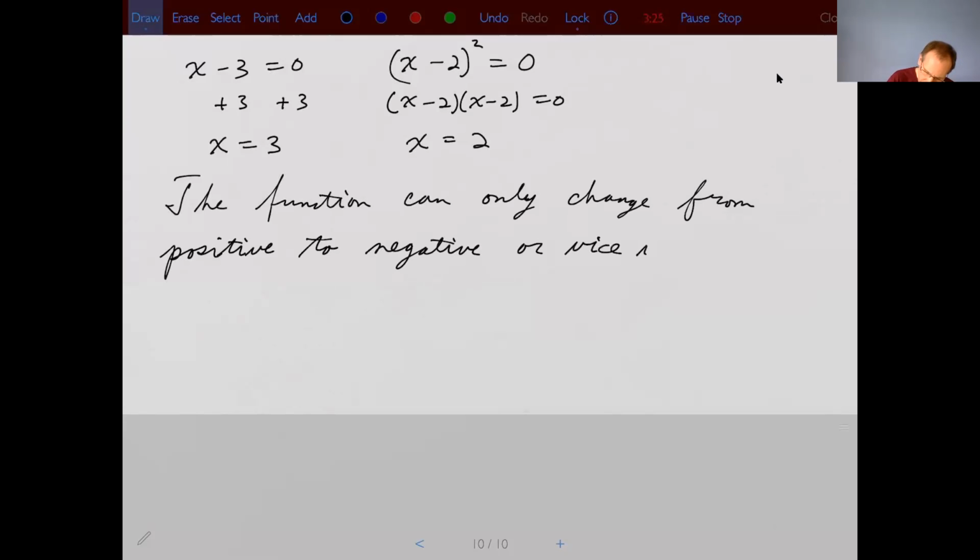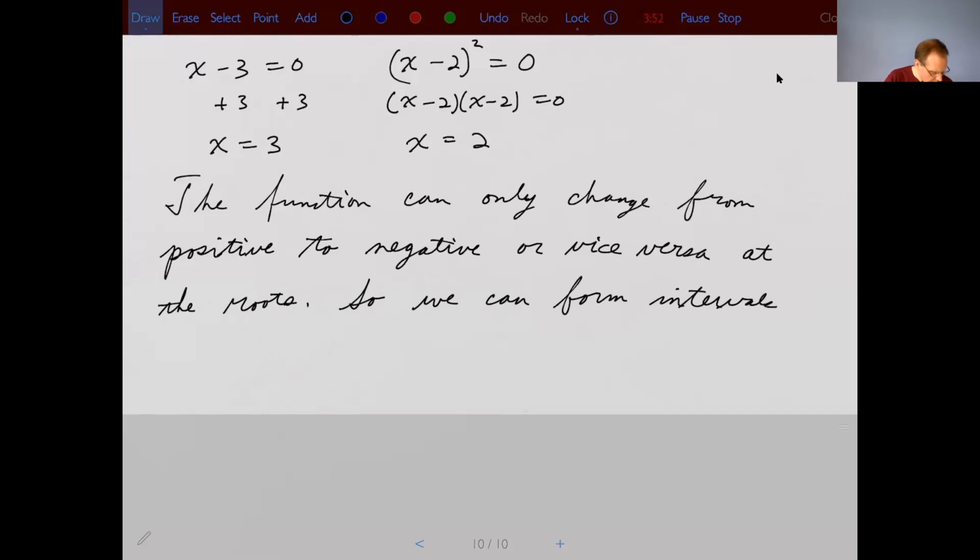It could be the other way around as well. At the roots, so at those values. So basically we can form intervals, we can form a table, and test the function in each interval.